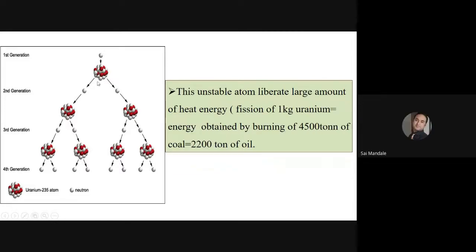This reaction does not take place in open space, because then it would go on continuously with no control, and a huge amount of energy would be liberated. To control these reactions, we carry them out in a nuclear reactor, along with a few components so that we can control it. Let us see how to control nuclear fission reactions.